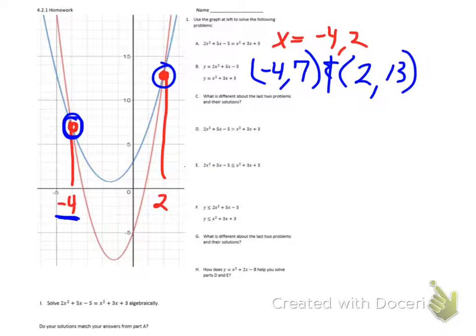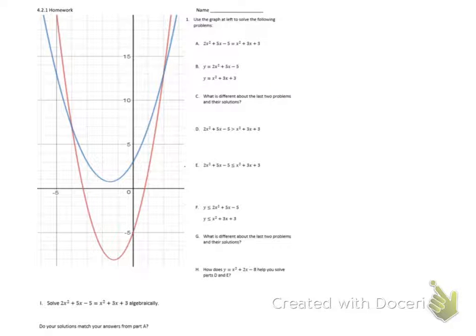Then we need to look at problems D, E, and F. So when we're dealing with problem D, again, I'm going to be interested in the intersection, because that is our boundary point. So now when I look at this first problem, for what x values is the red graph greater than the blue graph?